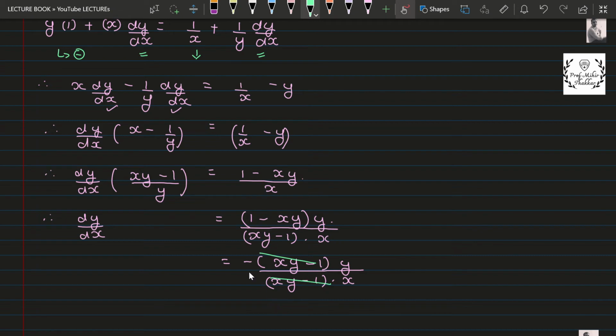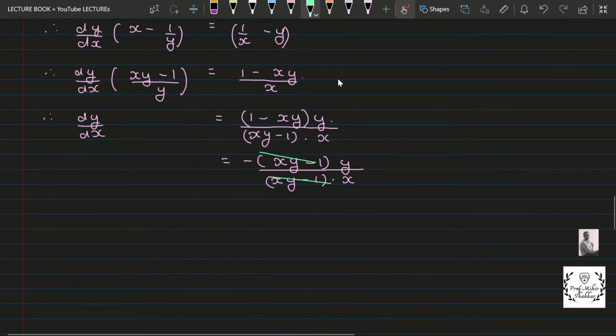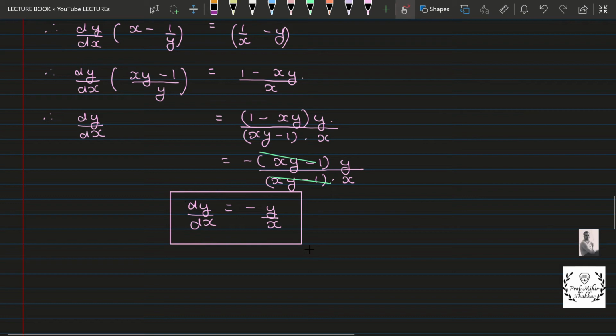We cancel off the value xy minus 1 and hence I get my final answer dy by dx is equal to minus y upon x. So yes guys, that is our value for the sum number 3.